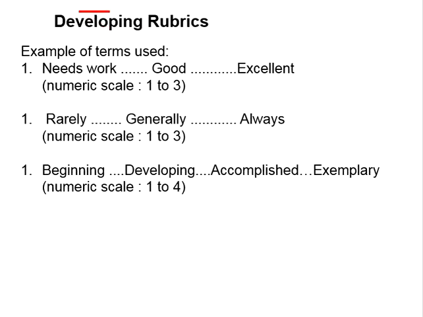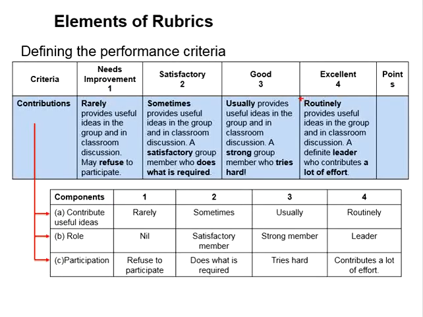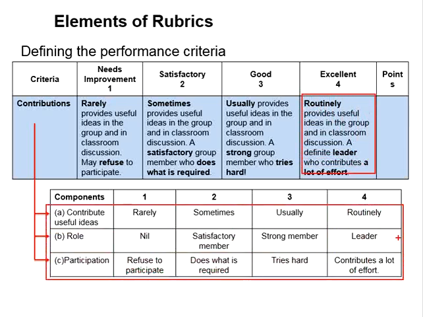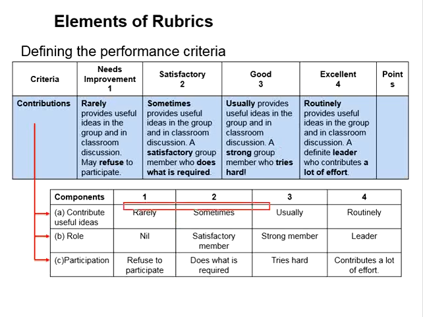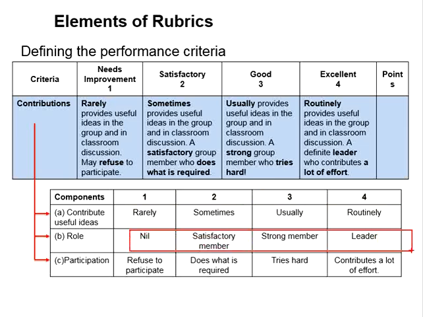Normally, when we construct the rubrics, in order to reduce the degree of subjectivity, we will construct the descriptions in more than one component. Some parts of them can use these comparative terminologies. And if possible, you will need to incorporate certain things with really clear-cut definitions, such as being able to differentiate a leader and a strong member.